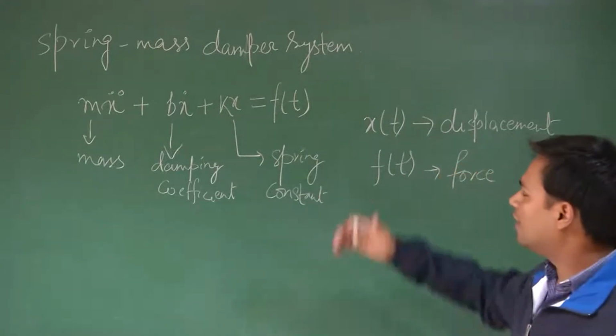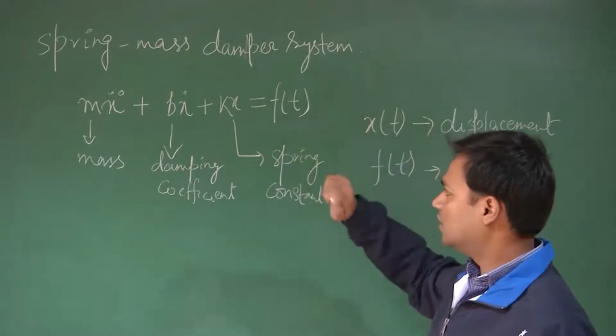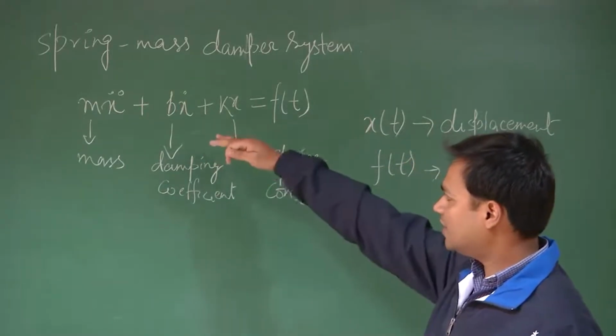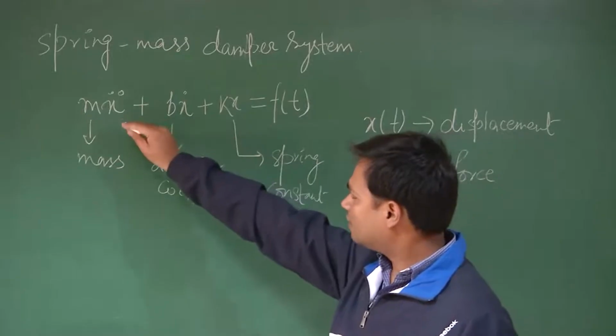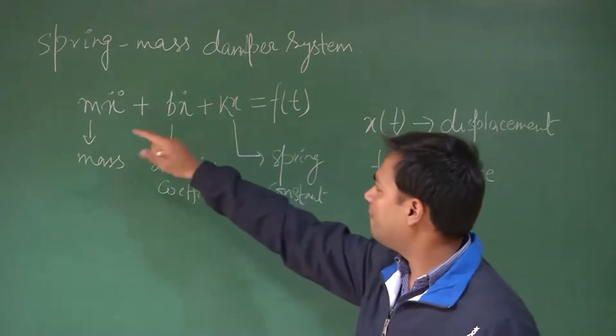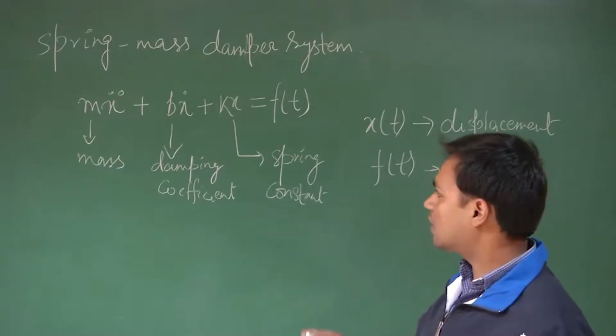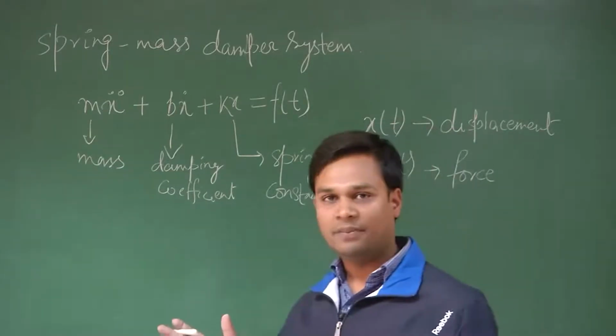Okay, so what we observe in this kind of structure, you see, this model is structured in the form of parameters. So here m, b and k can be the parameters for this model. So how will you frame this problem in the parameter estimation?